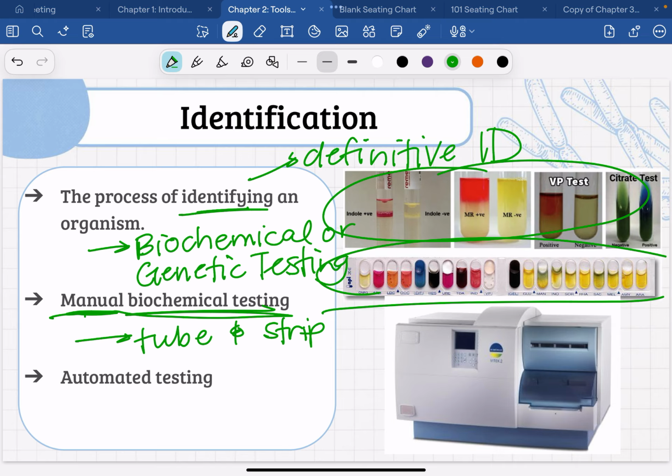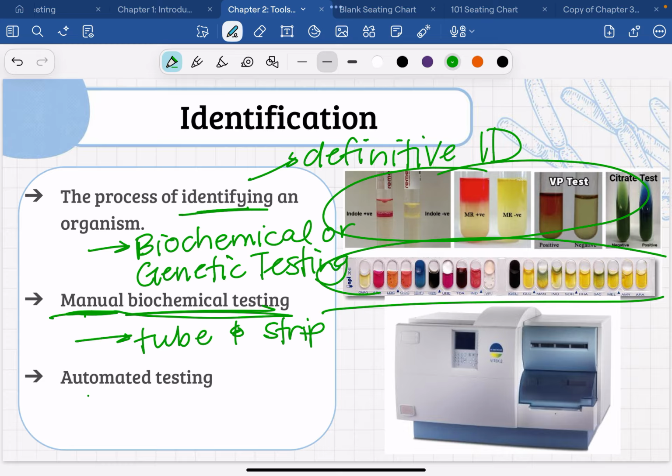It's just on a much, much tinier scale. So it made the test much, much smaller, and put these on these little really convenient strips. So you could just add all your bacteria to those little strips, and it was easier to read. Right? So that is kind of, I don't know the word for it, but the vintage way of doing it.